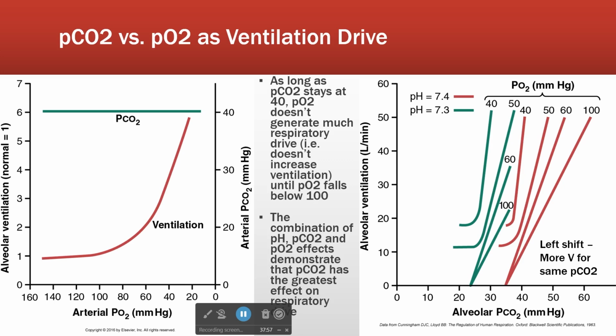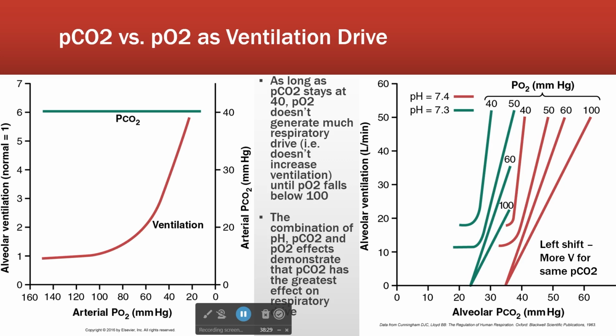All right, so this is combining PO2, pH, and PCO2 and their effect on alveolar ventilation. Now, I will say I think this is an advanced concept and one outside of ICU medicine you're not going to use very often, okay? So please do not spend hours and hours trying to fully grasp every bit of this. I'm going to try to tell you the bits that I want you to know, okay?